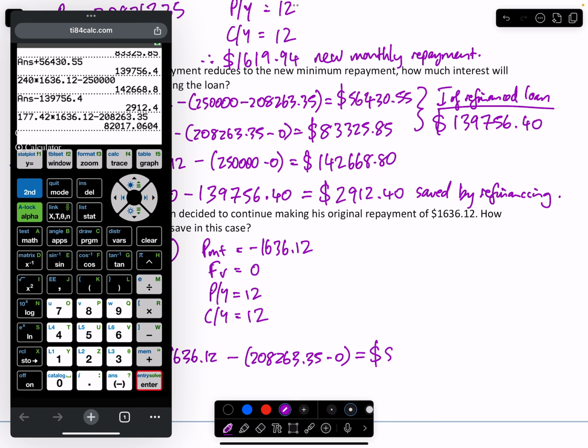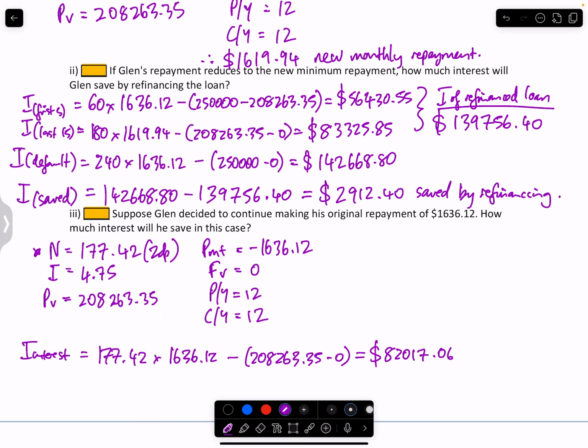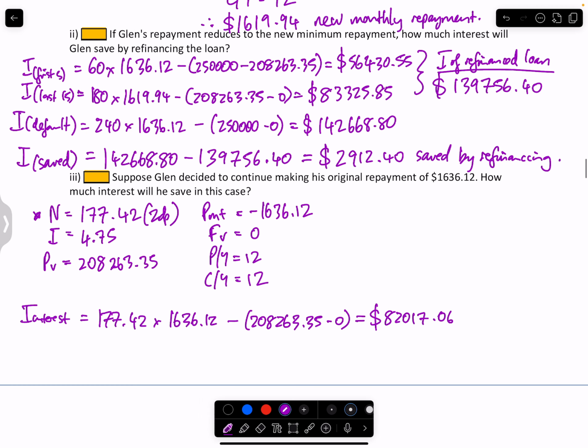So 82,017.06 is the second chunk of interest he'll pay. So now interest new refinanced.